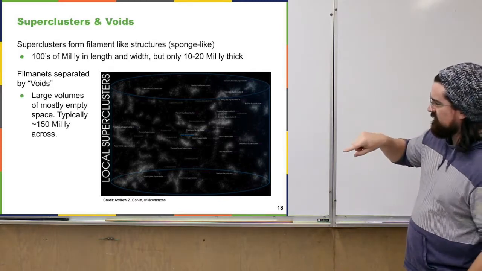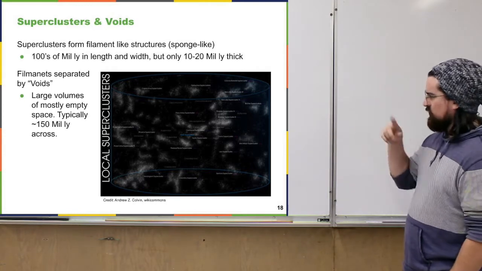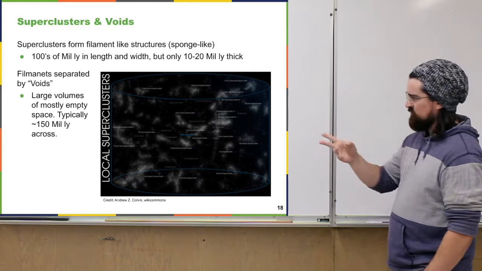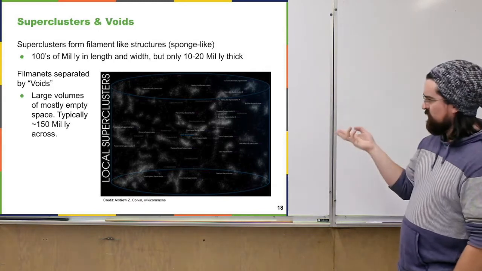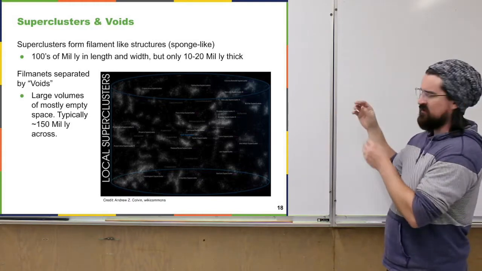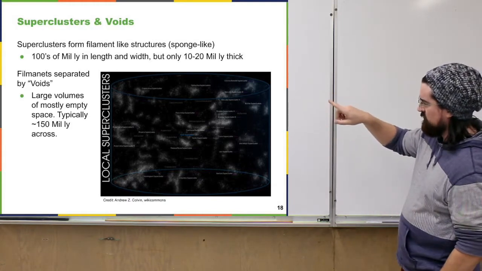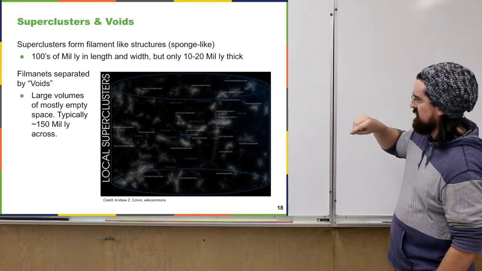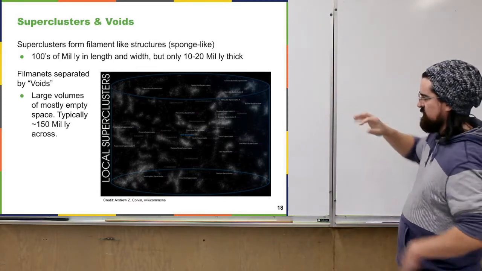So when you look at this image, our local supercluster is in the middle. There's still some crossover of terminology, because they're still referring to it as the Virgo supercluster here, but that's only part of Laniakea. So the middle, central area in this region is our local supercluster, and then there are these other superclusters around.